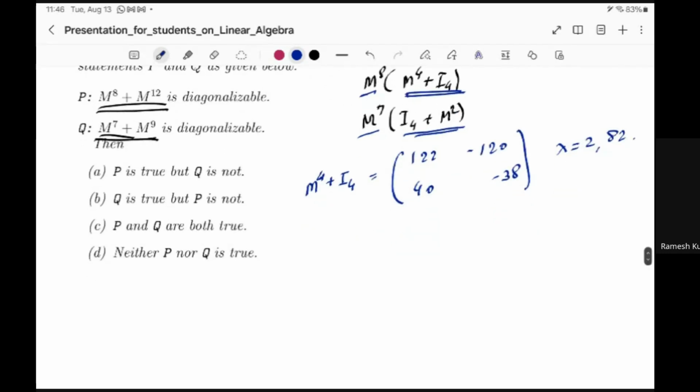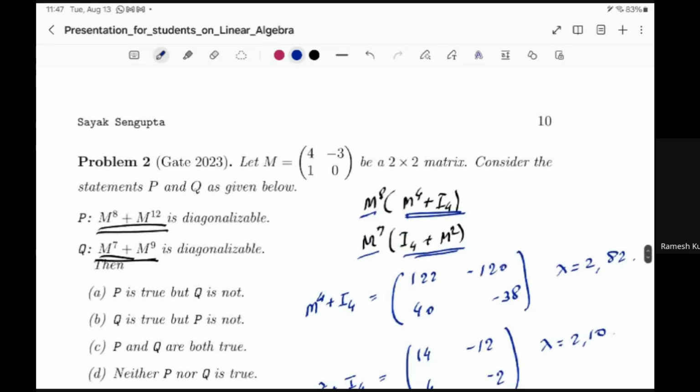And we do the same thing for the other one, M squared plus I4. This is even easier to calculate, which will be this matrix. And you can check that the eigenvalues are 2 and 10. Okay, so here also you have distinct eigenvalues, 2 and 10. That means M squared plus I4 is also diagonalizable.